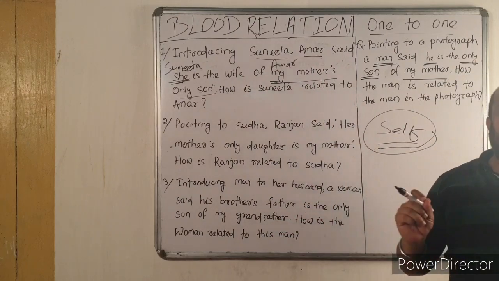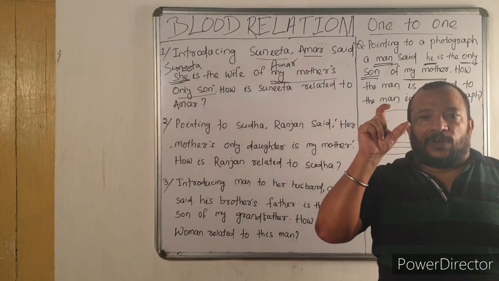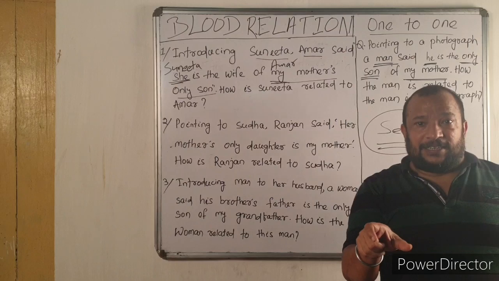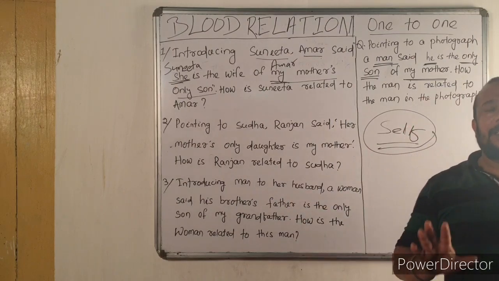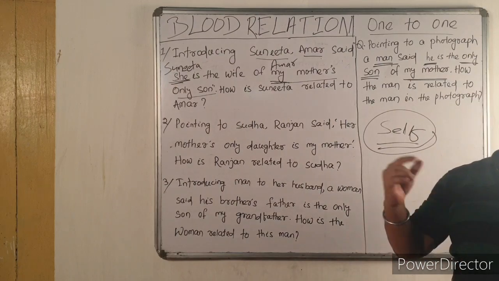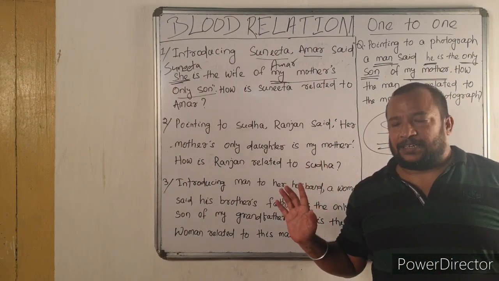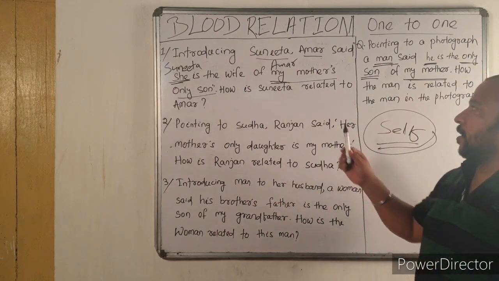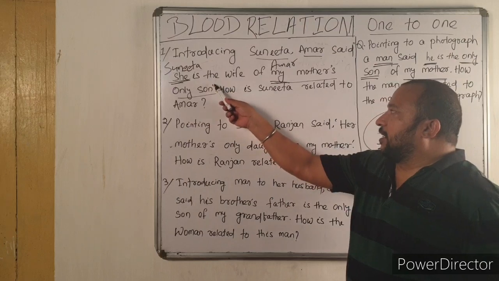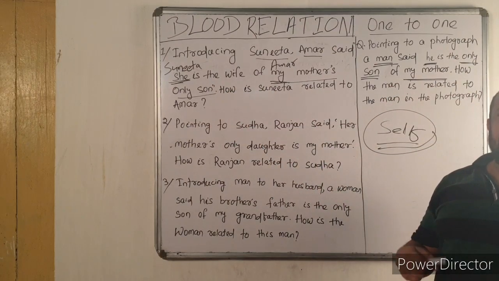Simply write down the names and move to the sentence where "only" is there. Two things: write down the names, and move towards the sentence where "only" is. So how is Sunita related to Amar? Sunita is the wife of Amar. You get the answer. The next question.